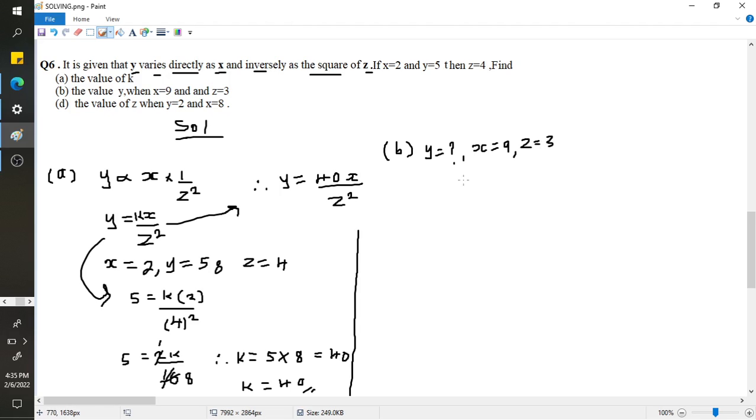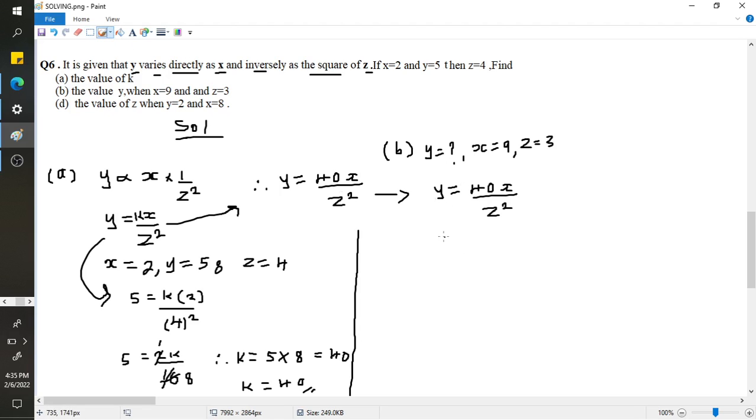So we are using this formula again. This is our original formula. You can just get that and apply it.